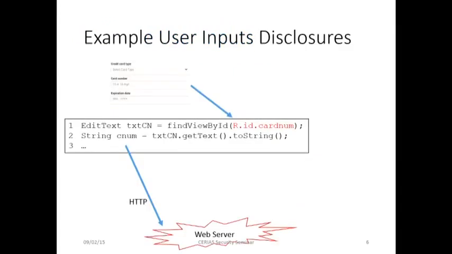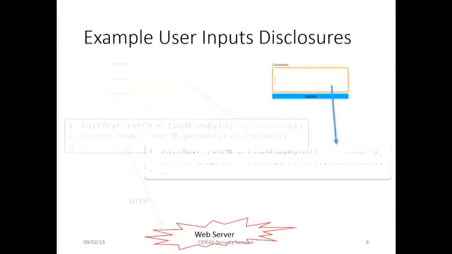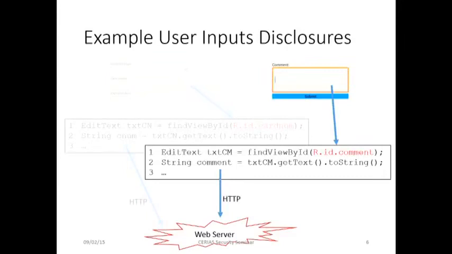For sensitive user inputs, the data is retrieved in the code and later disclosed to public channels like the internet. For insensitive user inputs, the data flow is the same.